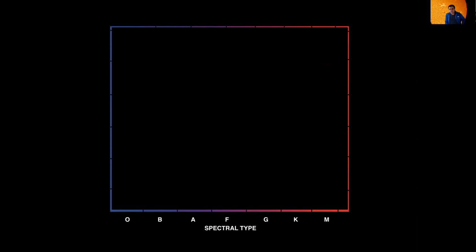So the Hertzsprung-Russell diagram fundamentally plots two quantities against each other. And this was the discovery that Hertzsprung and Russell made, that these two quantities are related. Okay, and the reasons for that we could discuss, but we're not going to discuss in great detail. So the graph is basically, you plot the spectral type across the bottom.